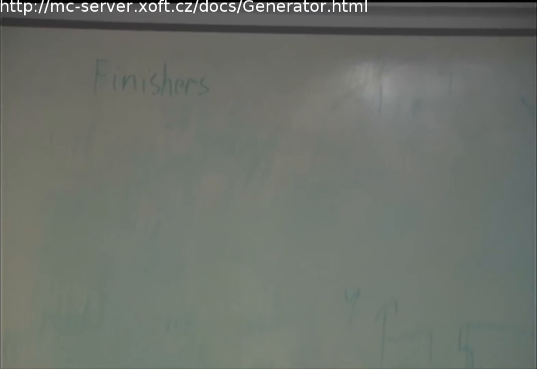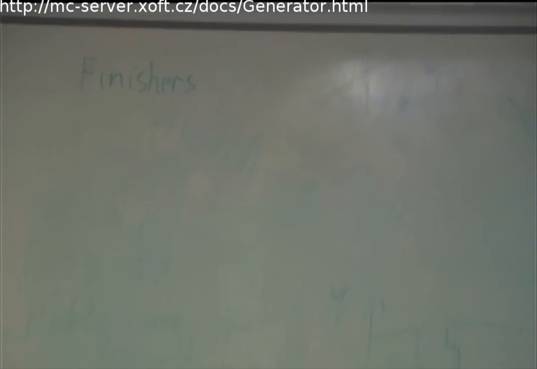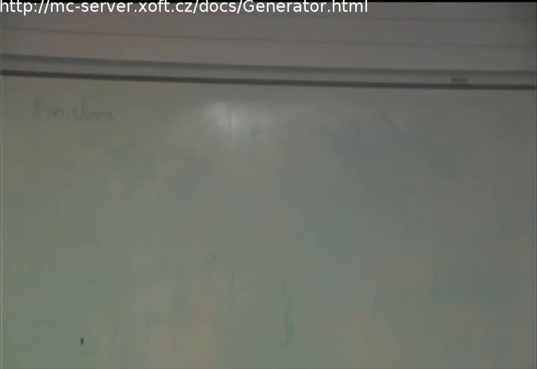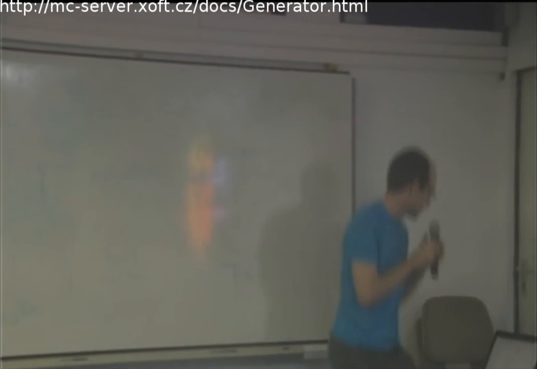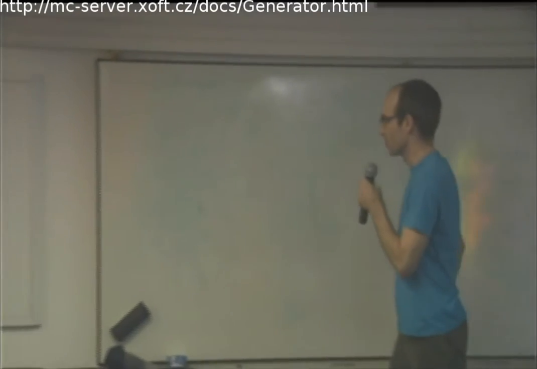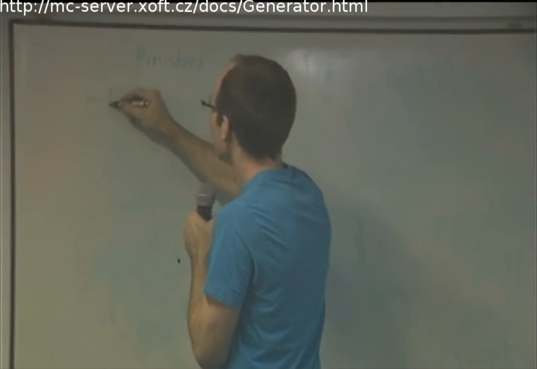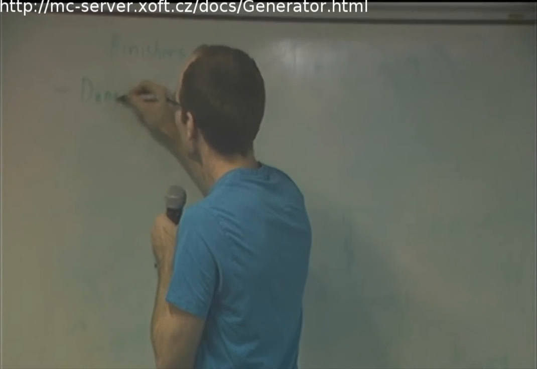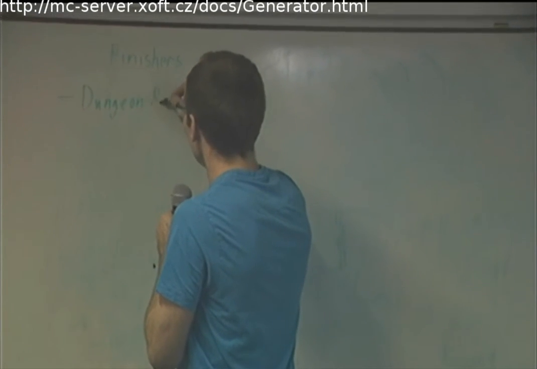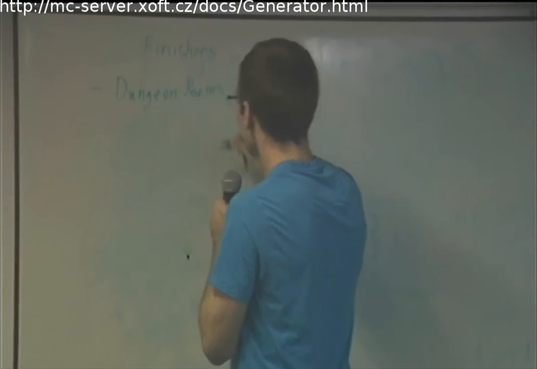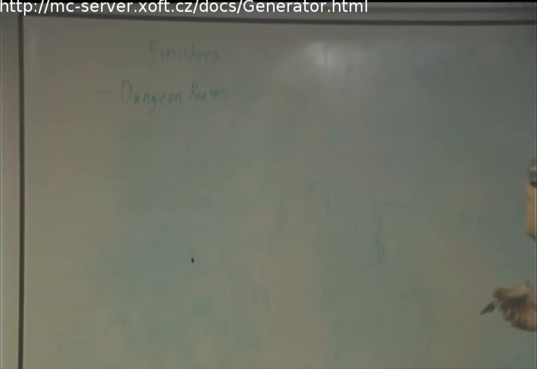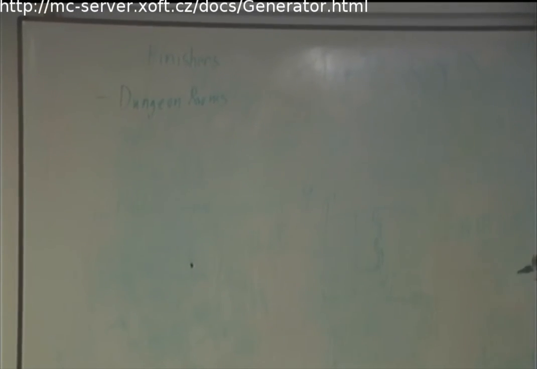Okay, now we're going for the advanced ones, and they are the reason you are here, right? So let's start with the simple ones first. The simple advanced ones. Dungeon rooms. It's pretty straightforward what this does.